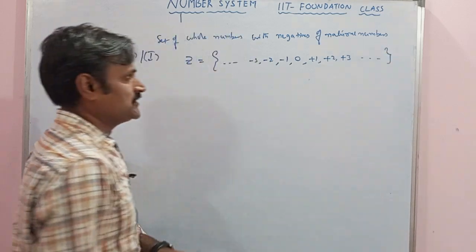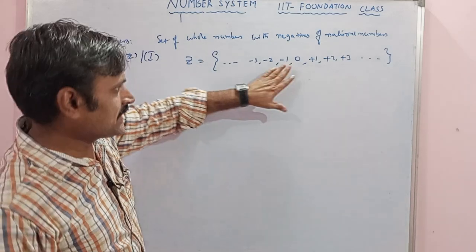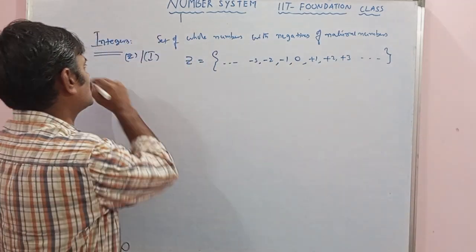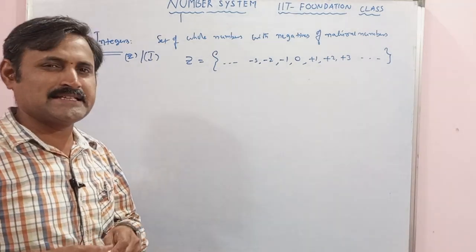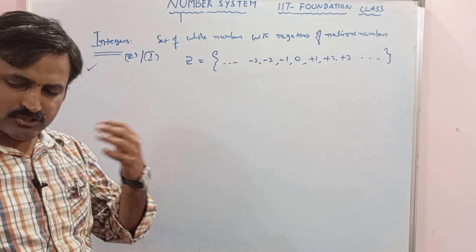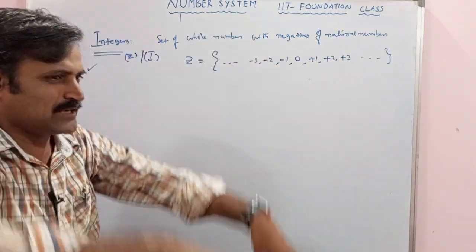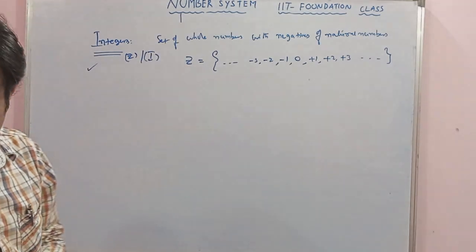In this we have natural numbers, 0, and negative natural numbers also present. This set we will call integers. So broadly, we can say the natural numbers and whole numbers, if all are present in one set, that set we will call integers.